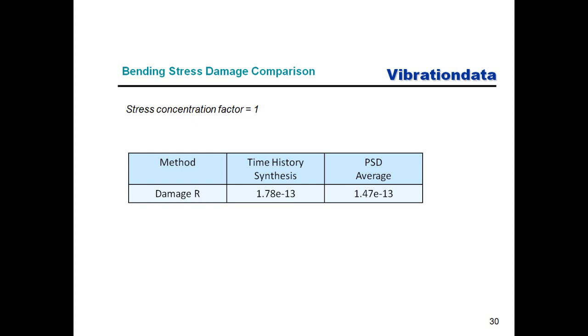But what if, for example, we had a time history from measured field data, and maybe it was a non-stationary time history, maybe it was a non-Gaussian time history. In that case, our PSD method is not going to work. So in that case, we have to just go ahead and do a time domain rainflow calculation anyway.